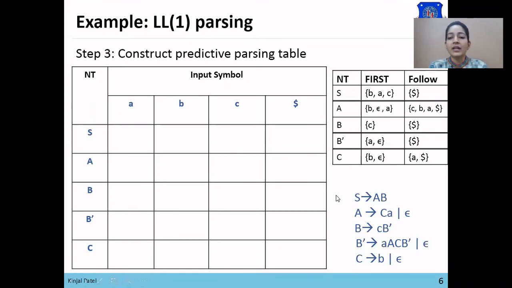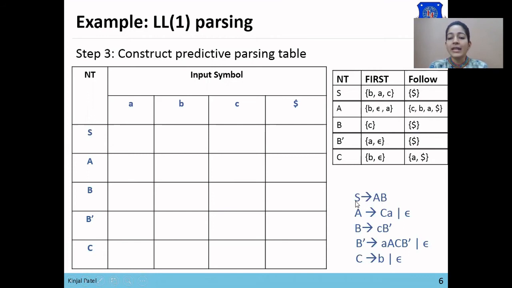So here if we want to make the entry of S derives AB, then we need to find the first of the right hand side. Here, the S derives AB production will be placed in the cell of terminal symbols of its first.